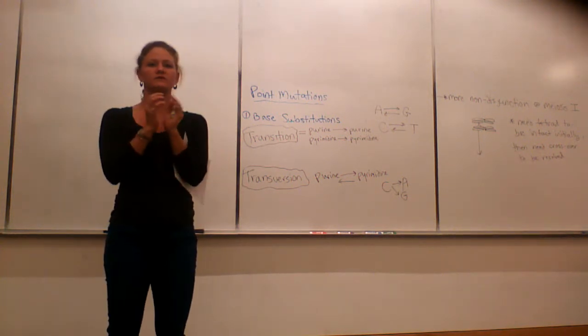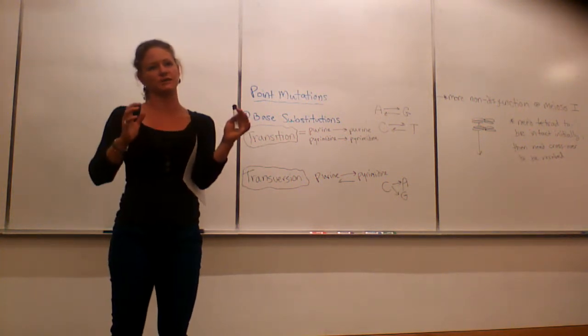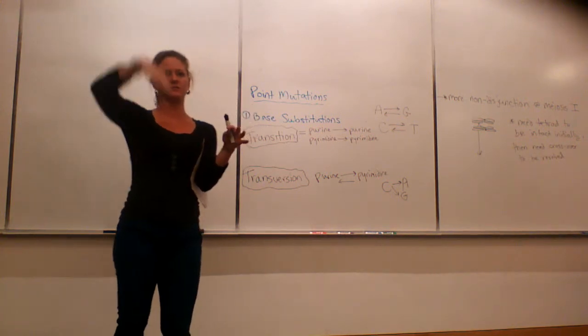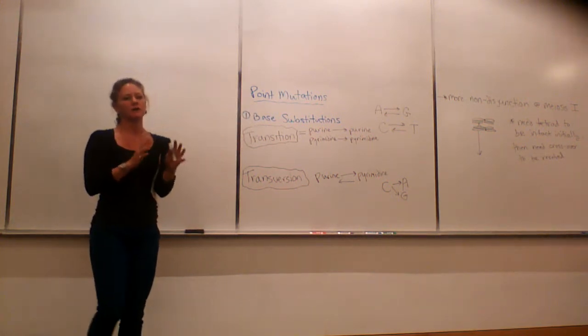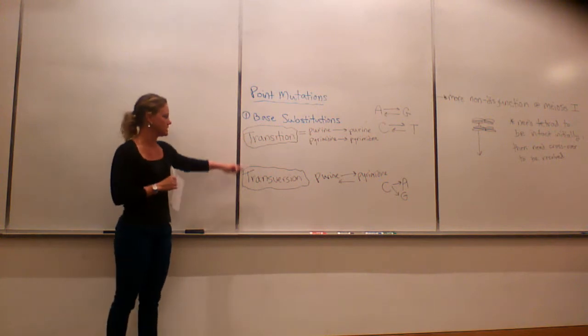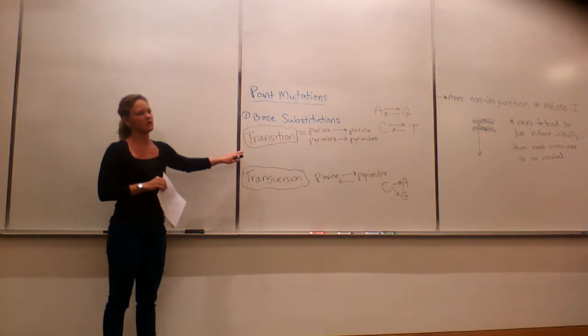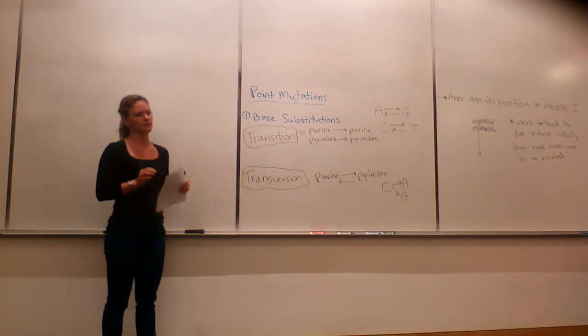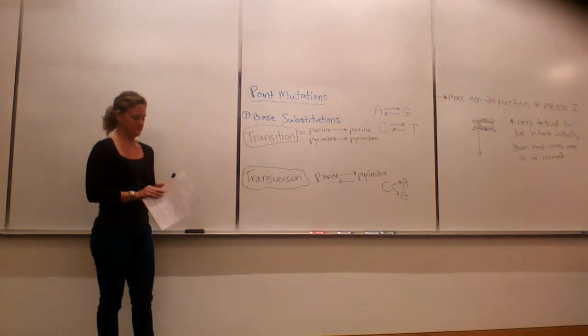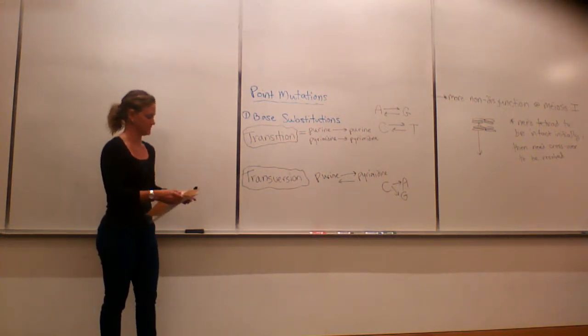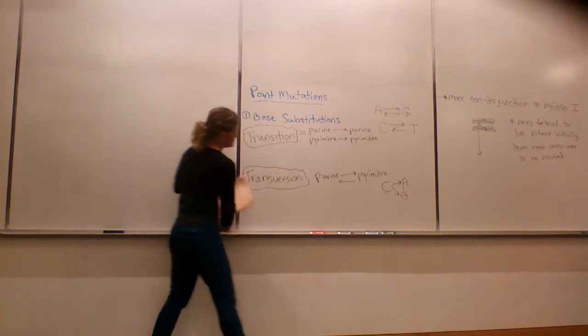If you're going from a one-ring structure base to a two-ring structure base, all of a sudden you're bending the whole backbone of the DNA, you're making a bigger change. So we differentiate between whether it's a transition or a transversion. This is kind of just defining stuff right now.